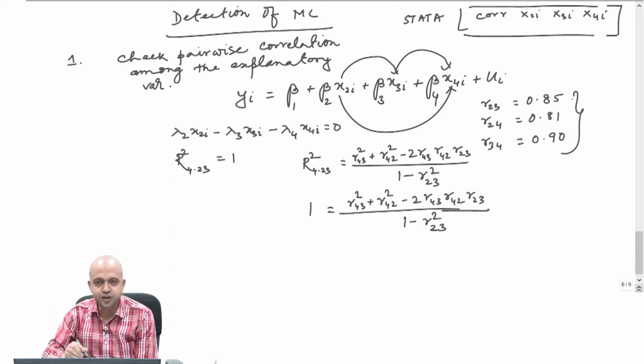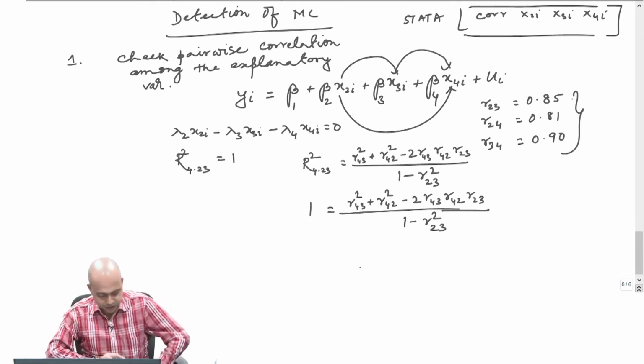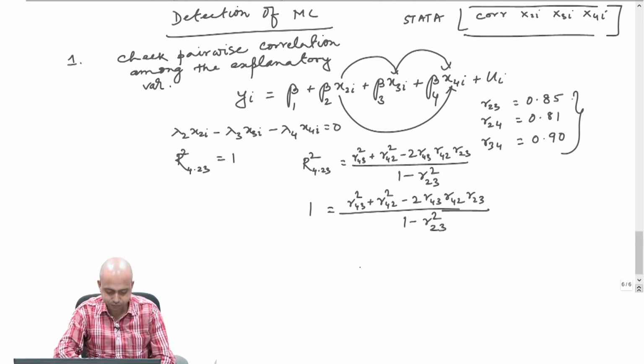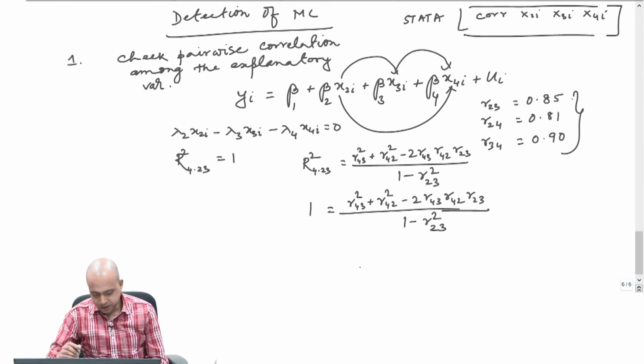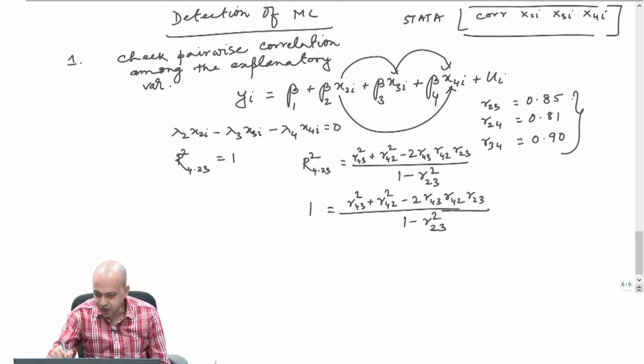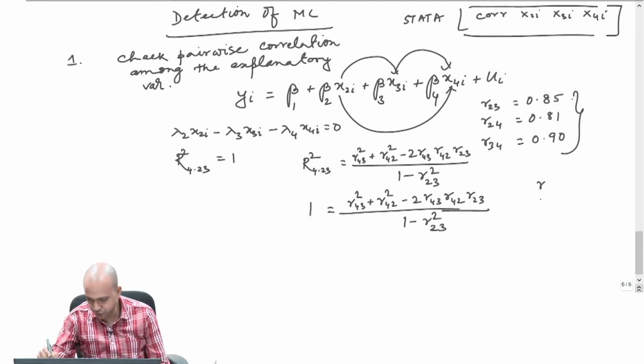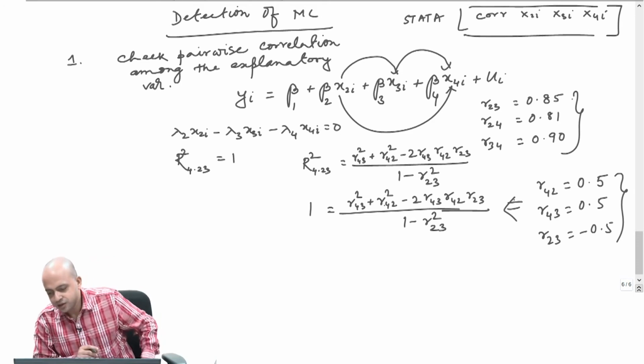Now, if this relation is to be satisfied, look at it carefully: the left hand side is 1 and you need to have specific values for the right hand side. Even if you assume r42 is 0.5 and r43 is also 0.5 and r23 is minus 0.5, you will get this condition satisfied.